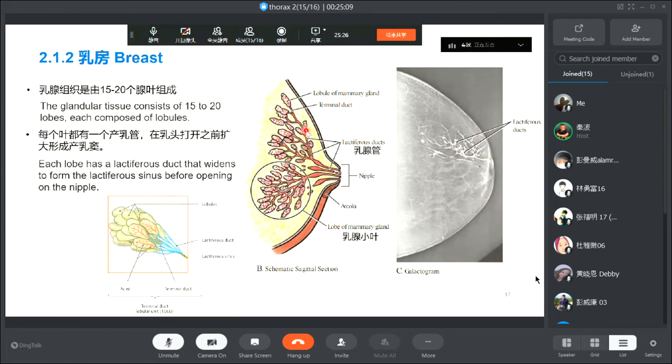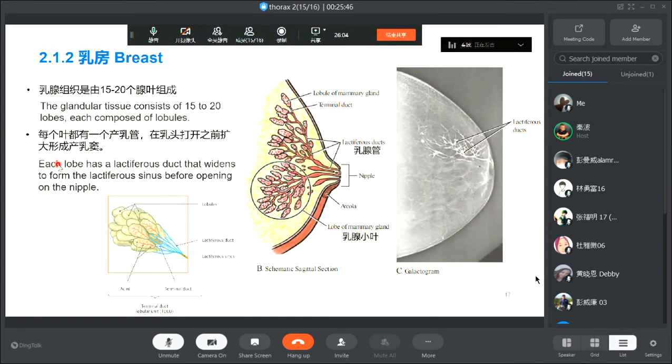This picture shows the mammary gland, and this part is a lobule of the mammary gland. The mammary gland secretes milk, and this milk gets into the terminal duct, then runs into the lactiferous duct and flows out of the nipple.